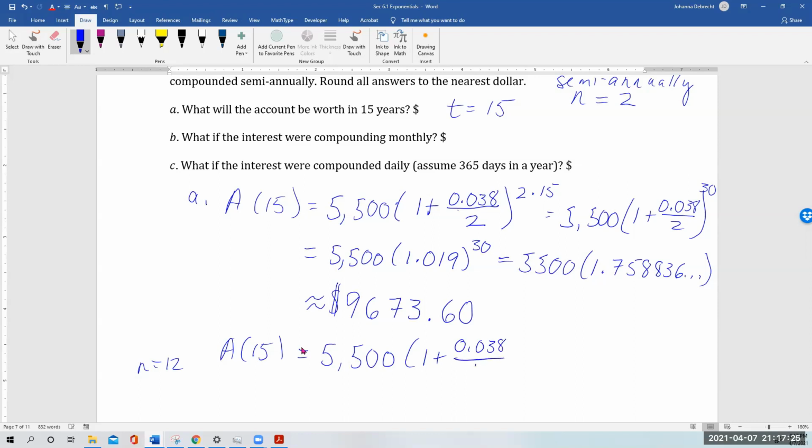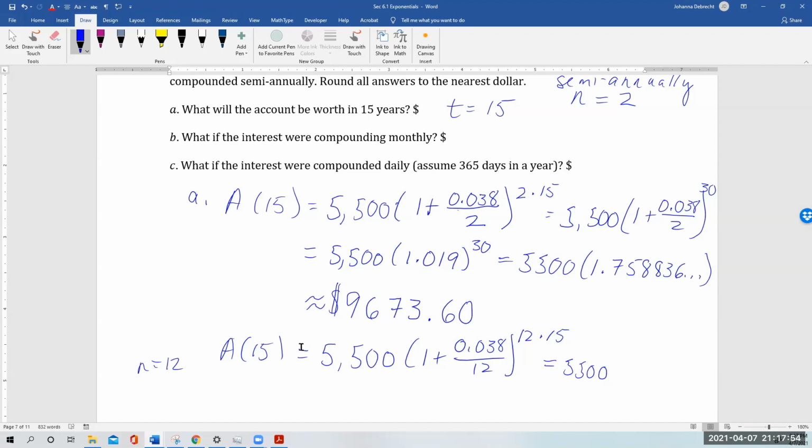This would be 0.038 divided by 12, but notice you also have to make it 12 up here in the power being multiplied by 15. If we take the value inside the parentheses and we find what 0.038 divided by 12 is, we should have a decimal that looks like 0.003166666666 forever and ever.